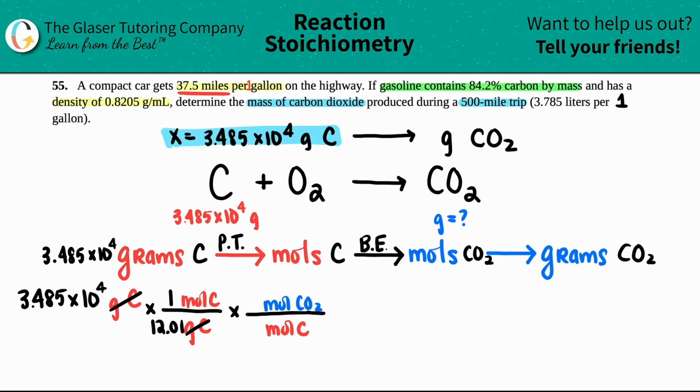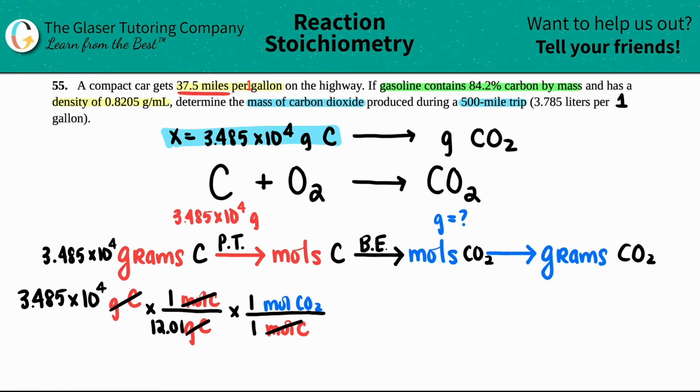All I have to do is look at the coefficients. I saw that there was 1 carbon for every 1 carbon dioxide, so 1's all around: 1 mole of C for every 1 mole of CO2, because both of them had a 1 in their balanced equation for the coefficients. This cancels out. We're almost there.